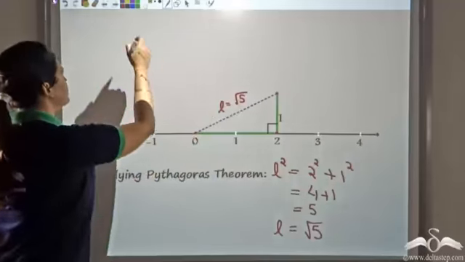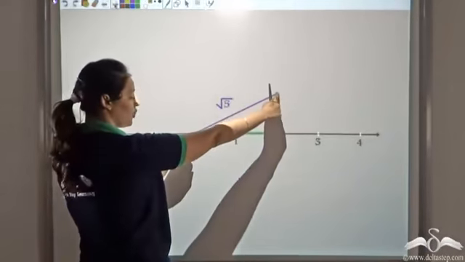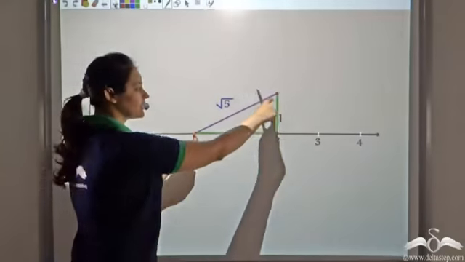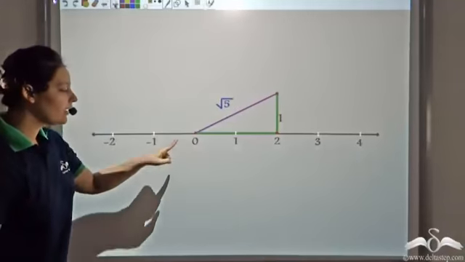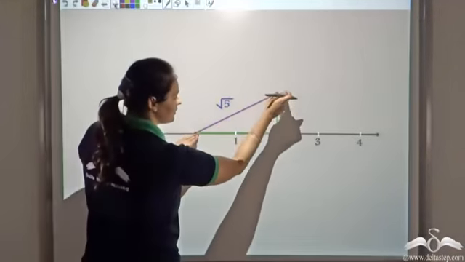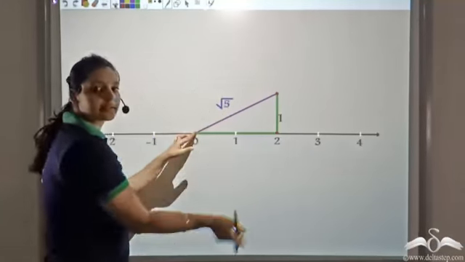So this length is root 5. That is the distance of this point from 0 is root 5. Now I need to find this point on the number line. Where would it lie on the number line? So again, taking 0 as the center and this length root 5 as my radius, I draw a circle.